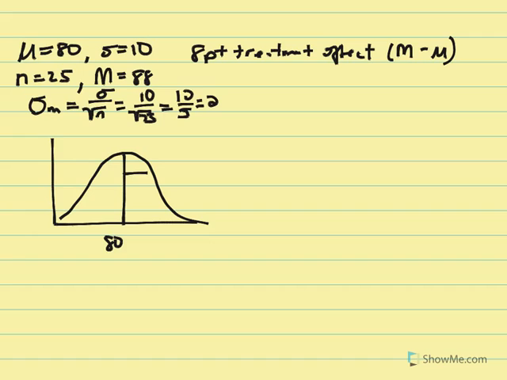So our standard error is equal to 2. And we identified that we're implementing alpha equal to 0.05. And we've learned that we don't even need to look that up anymore. We should know that that is the same as saying a critical region set at negative 1.96 and positive 1.96.